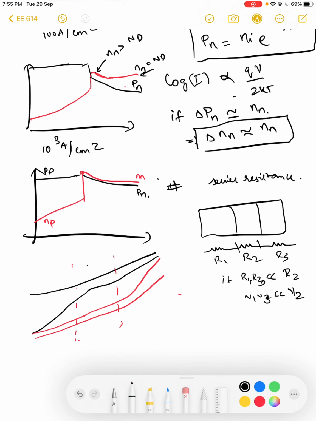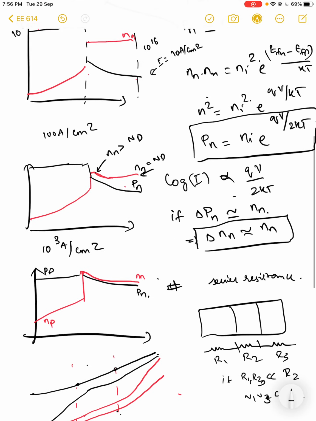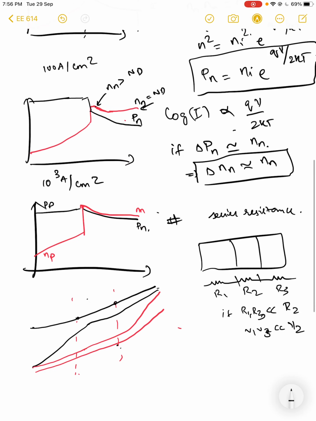So basically, of the applied potential, only a part applies across the junction, and a part of it is lost in the neutral series resistances, right? So this gives you a reason that you will not have the entire voltage applied across the junction to give you the exponential voltage dependence, and a part is actually lost in the series resistance, which is linear, right? Similar to any resistor, right? So these are the non-ideal high current injection conditions.